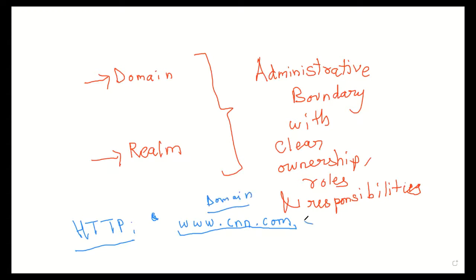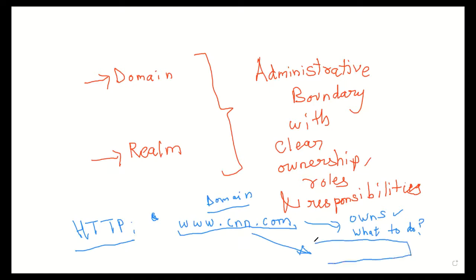It means that it's clearly established who owns it, right? And what they can do with it. So behind that administrative domain name, which is www.cnn.com, there is a domain owner who has the privilege attached to do whatever it wants behind this domain, right?